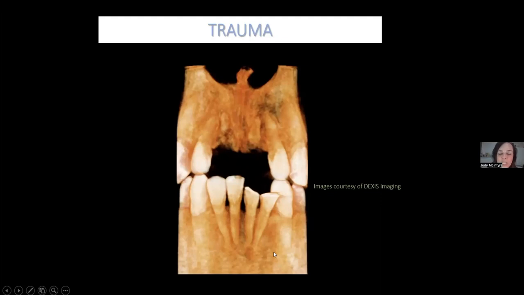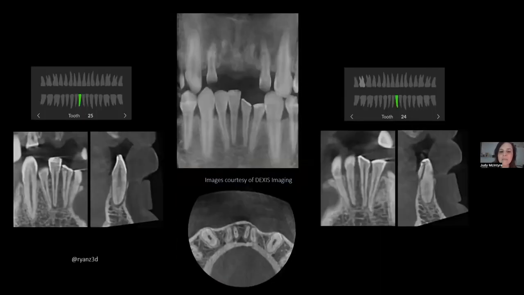But what 2D images don't tell us, even with angled radiographs like the IADT recommends, is the extent of any other concomitant injuries or alveolar fractures. So for example, yes, we know that the roots are retained here from 2D.